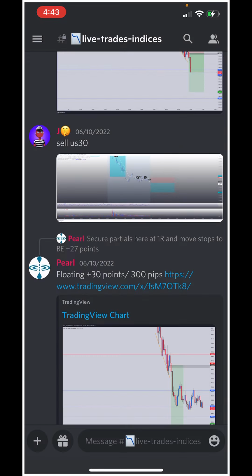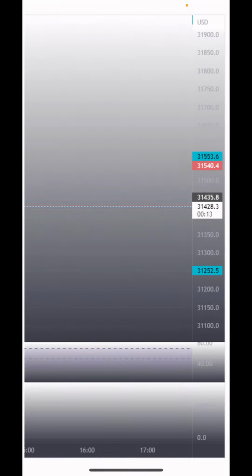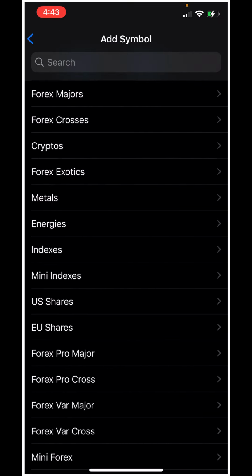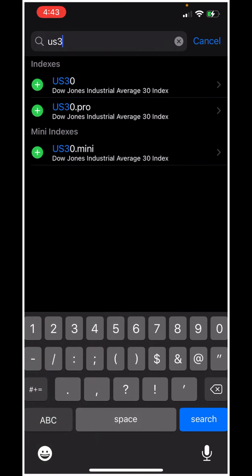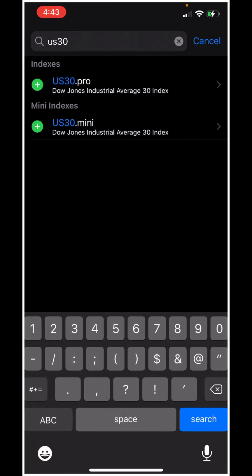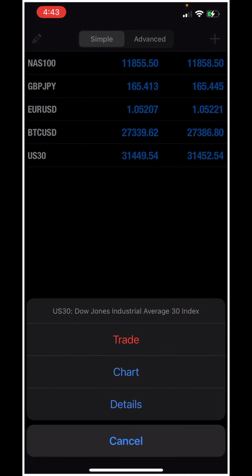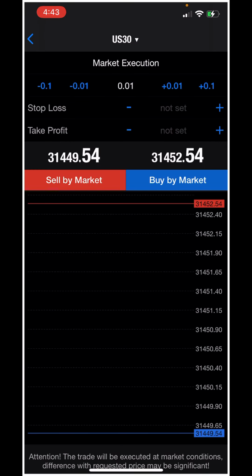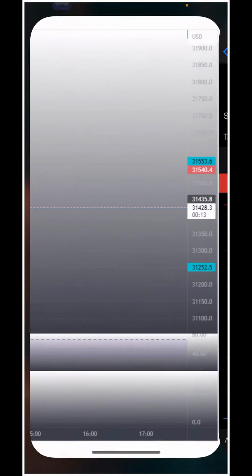So once we see that this has been sent, we see sell US 30. We'd click on the picture, we'd zoom it in, and we can see our values over here on the right side. So we would come over to quotes, hit the plus, search US 30, click the plus, click it, and hit trade. This is just a market execution like we talked about earlier. So all we need to do now is input the values.